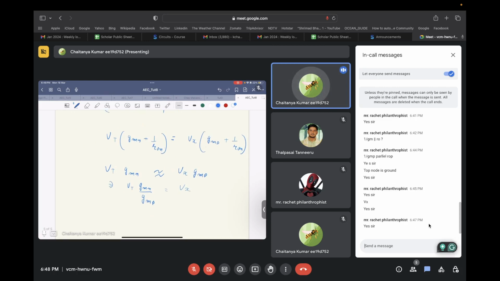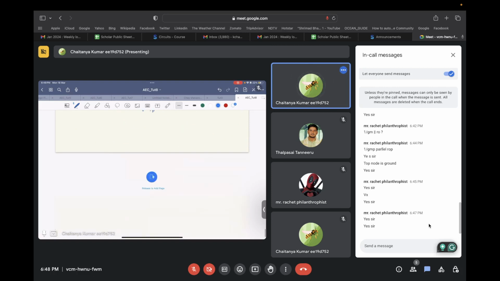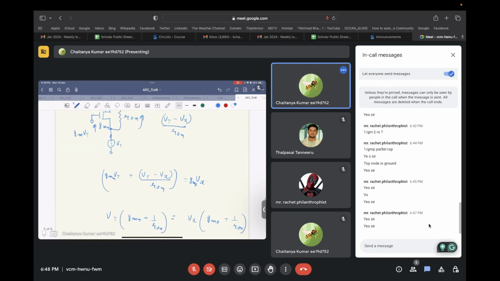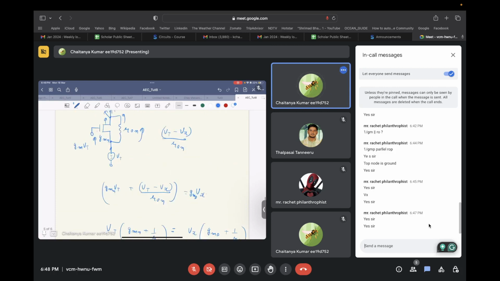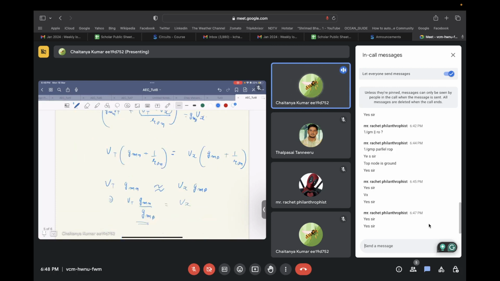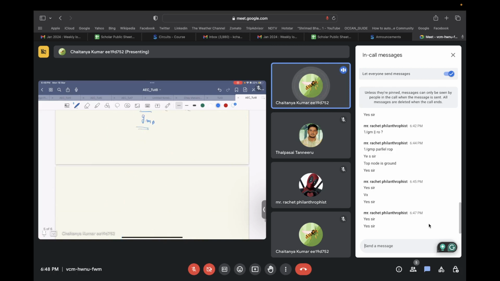So if this quantity is Vx for you, what is the total current?